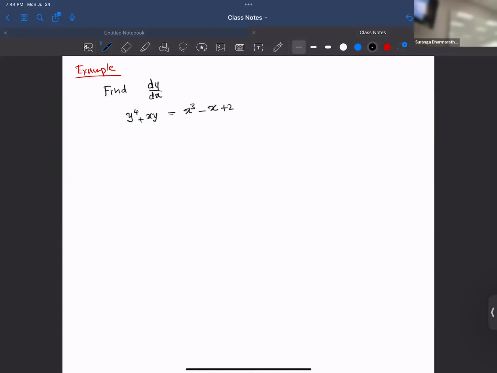The second term on the left hand side is a product of x and y, right?